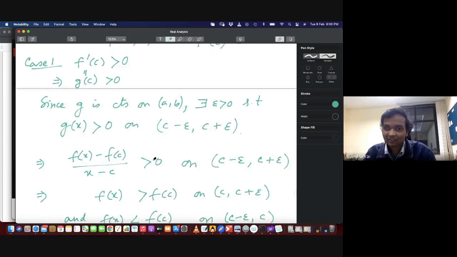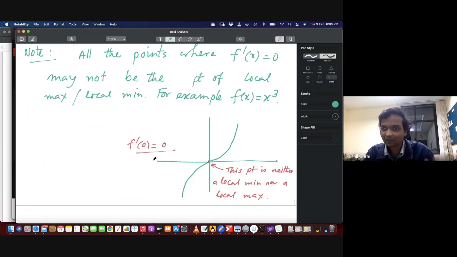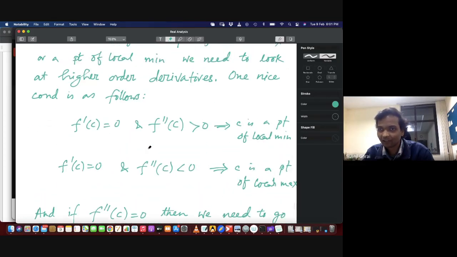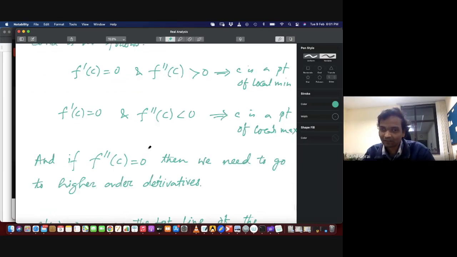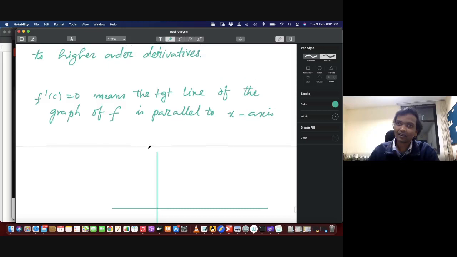Any other question? But this theorem is very important. A lot of theorems will come. So at this point, let us look at the corollaries of this theorem. After that, we'll look at what happens when there is no local max, no local min.